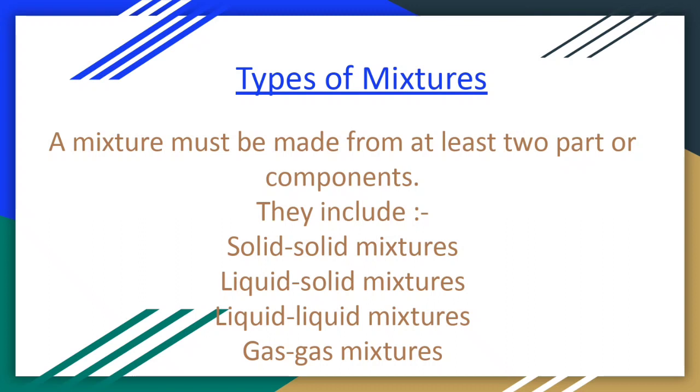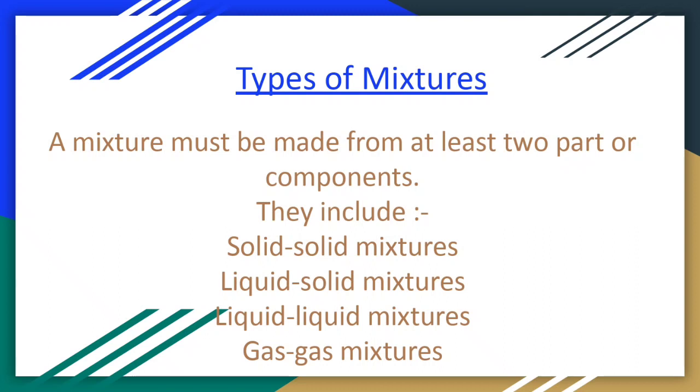Then we have another type of mixtures called liquid solid mixtures. These are mixtures that constitute a liquid and a solid mixed together. A good example is a mixture of water and sodium chloride, common salt.